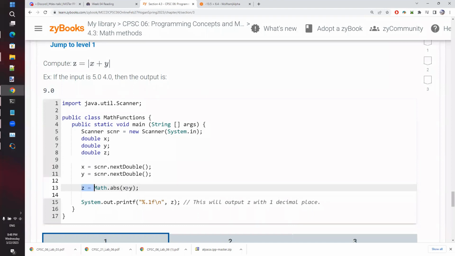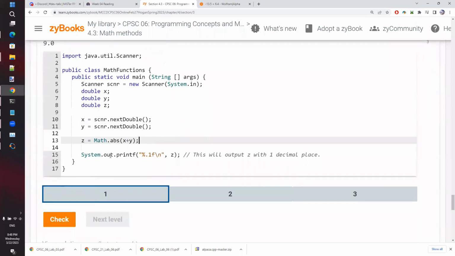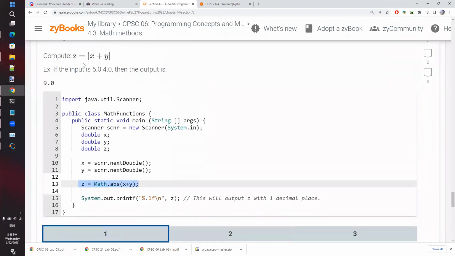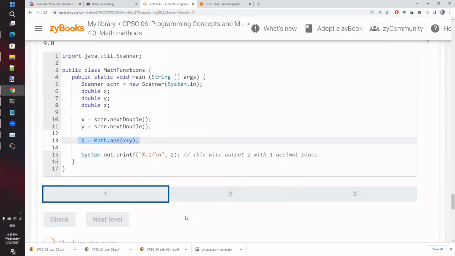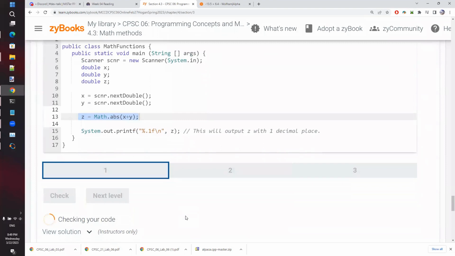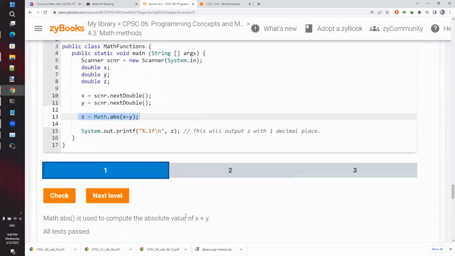We don't have to deal with typing in the numbers or anything else, because the lines above are where they read the numbers from the keyboard, and the line at the end is where they output it to the screen. So all we have to do is this one little math command. That's all they're looking for. So this will compile and we'll make sure it works, but of course it will.